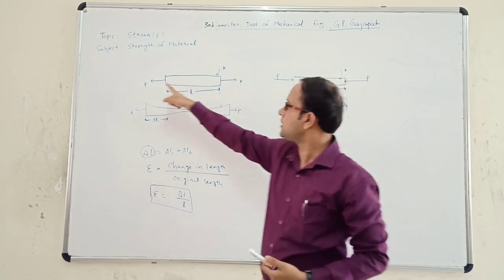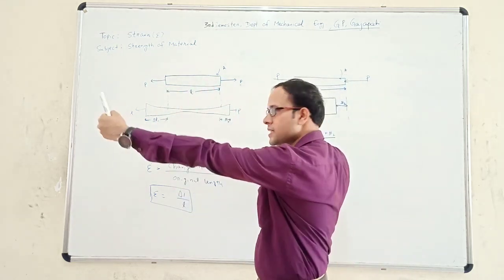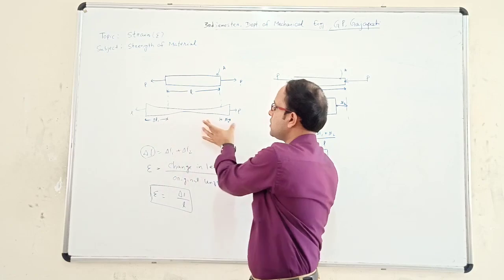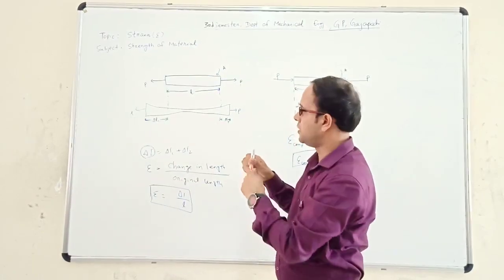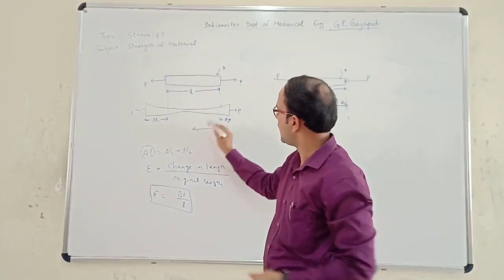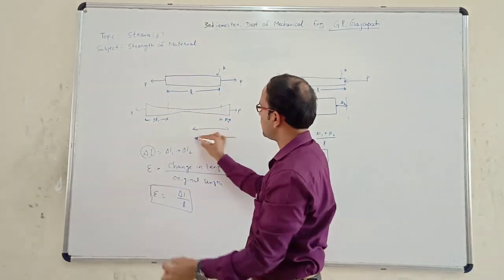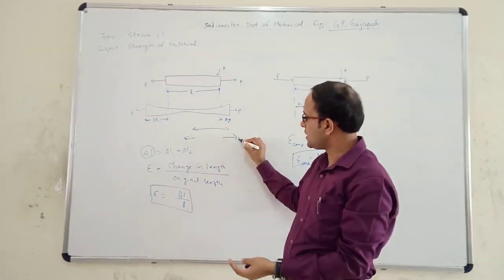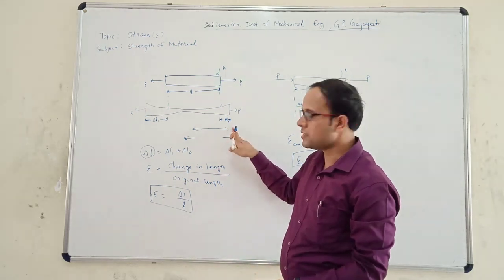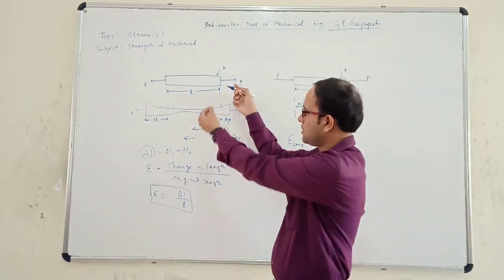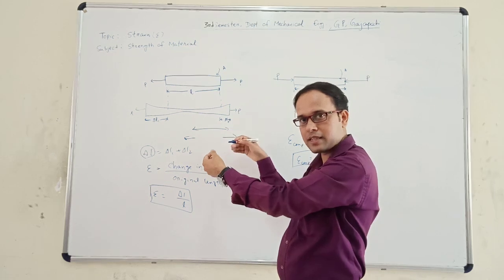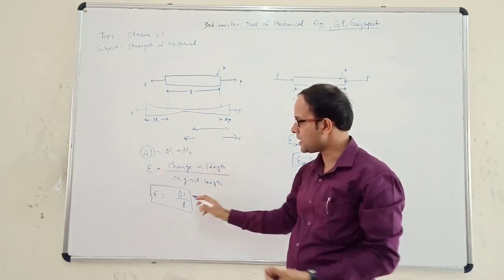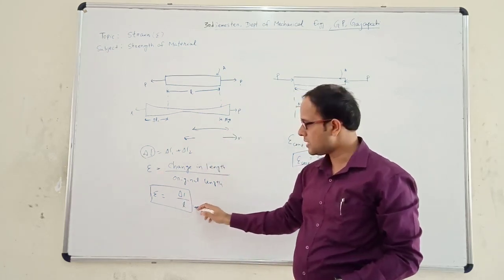Suppose P is applied in this direction, and the change in length also occurs in that same direction. If the change in dimension and the application of force are in the same direction, then that is taken as linear strain.